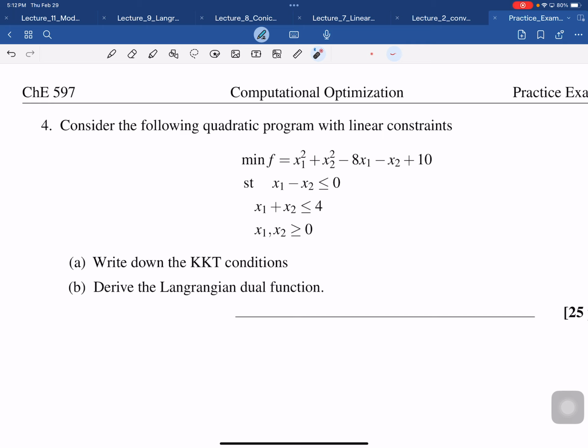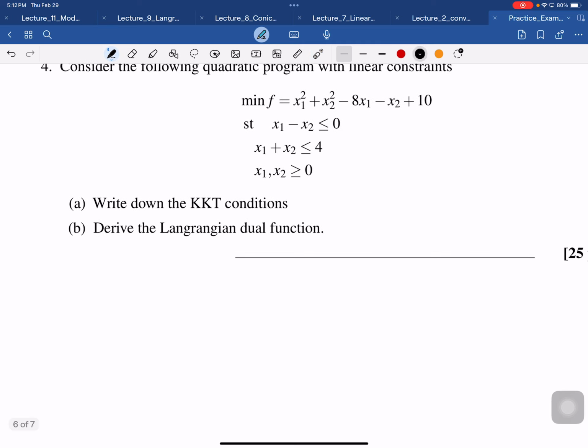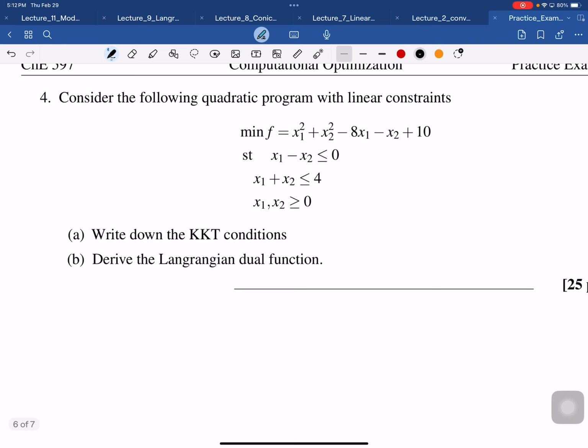Those four conditions, you just write them down here. So what would be the primal feasibility constraint? You just write down all the primal constraints.